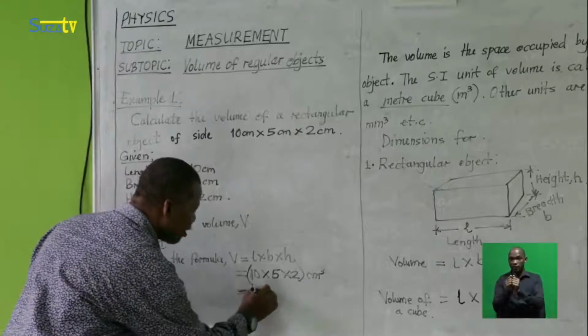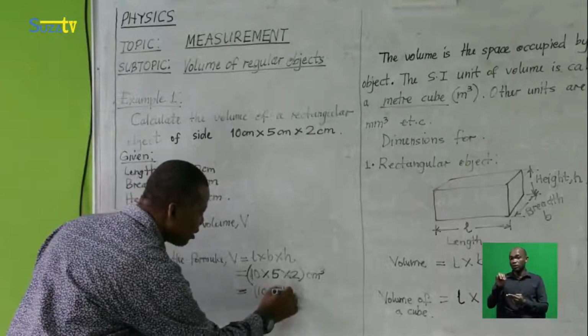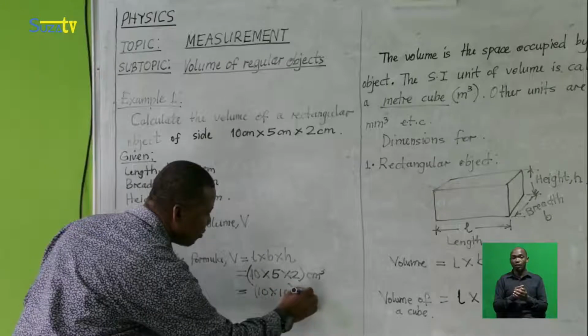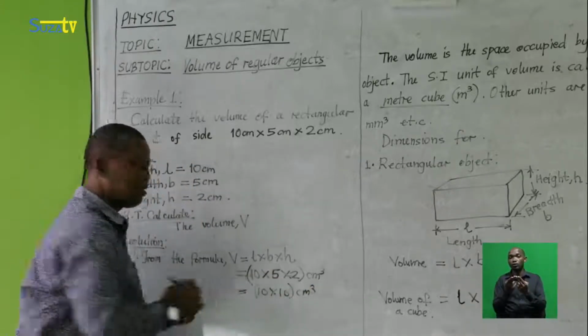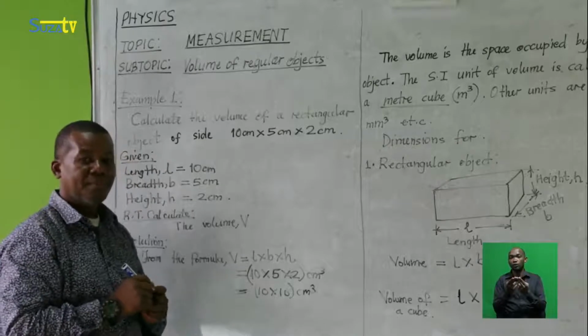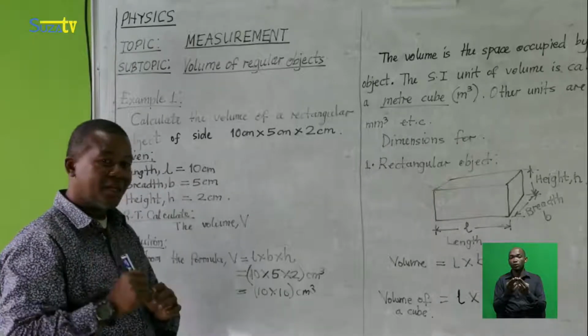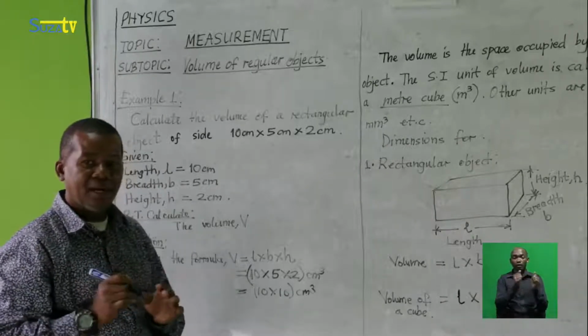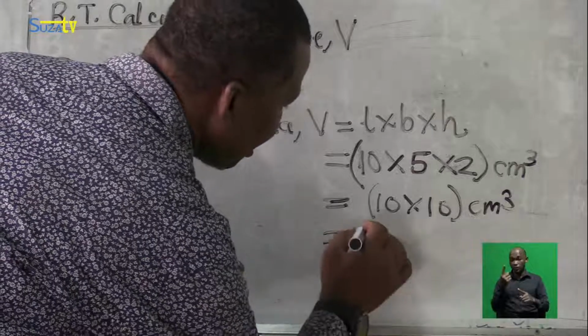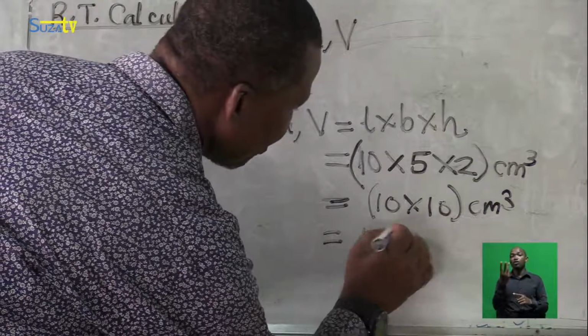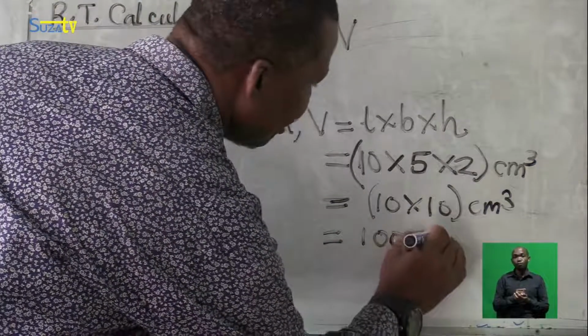So we have 10 times 5 times 2 is 10, centimeter cube. 10 times 10 is equal to, who is ready? Okay, thank you. 10 times 10 is equal to 100 centimeter cube.